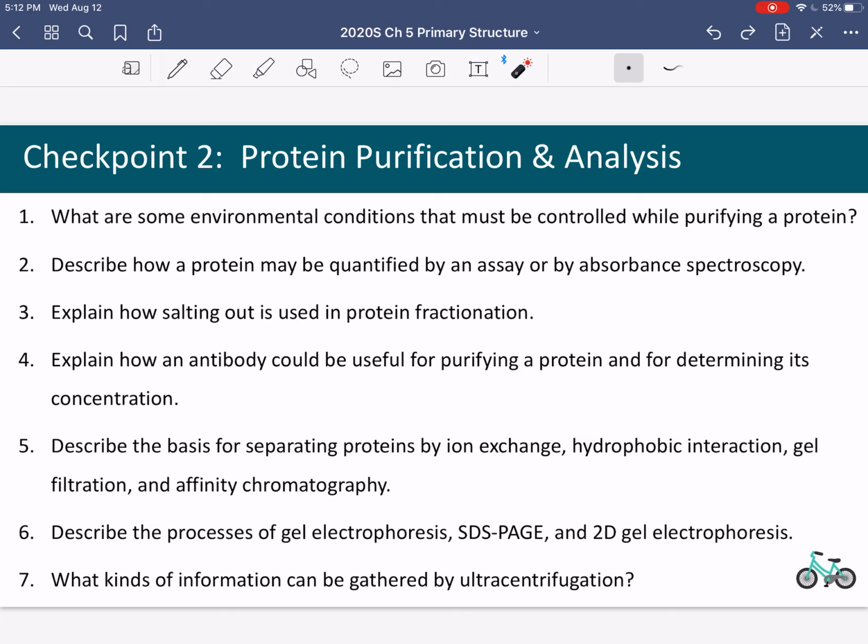Okay, so that leads us to checkpoint 2, protein purification and analysis.